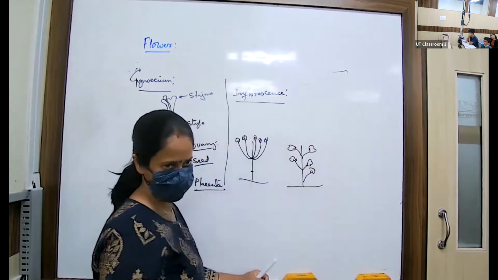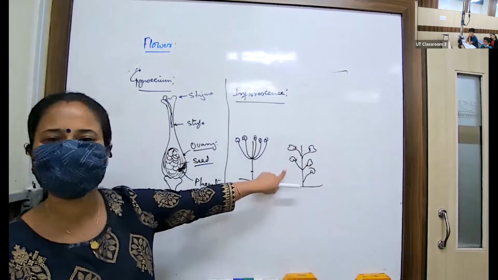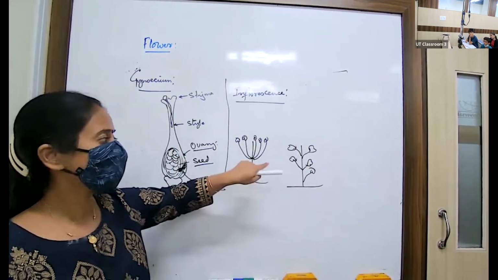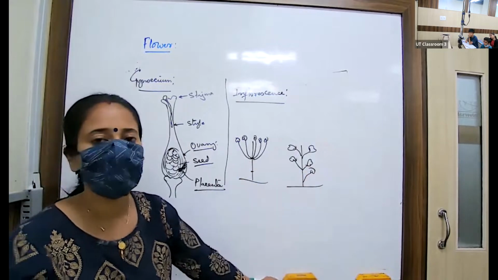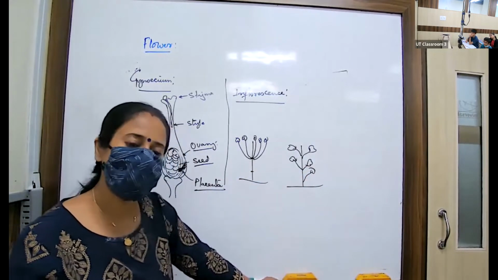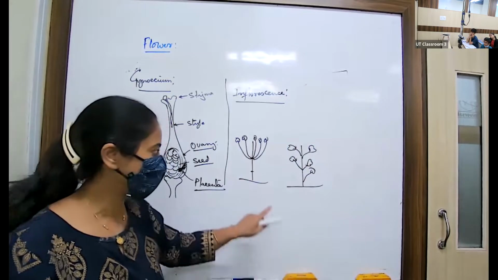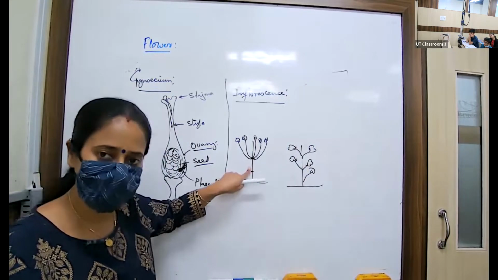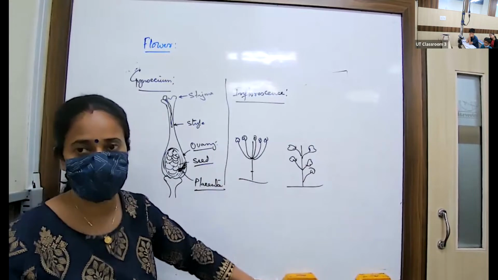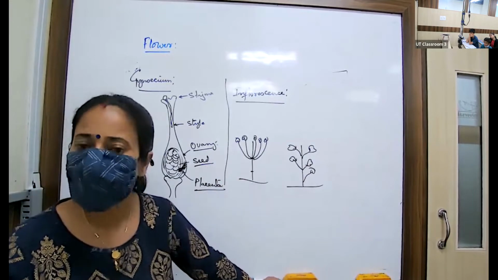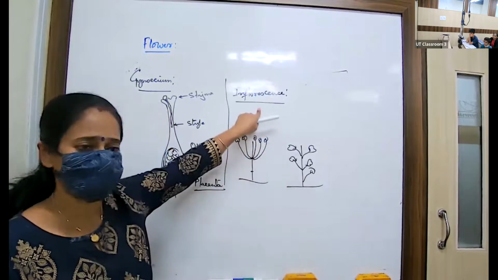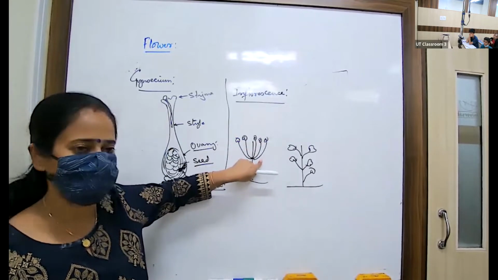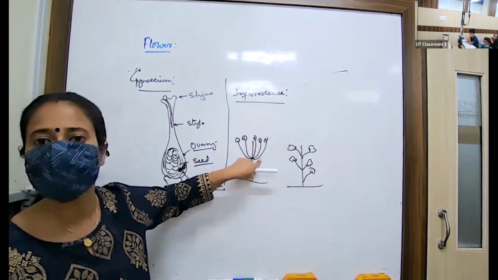This is more common an arrangement of the flower that we get to see. There are many more, I'm talking about just two. What is there in your syllabus? We are talking about the arrangement of the flowers on the flower twig. This is the twig, the fine branches where the flowers develop. Arrangement of flowers on the flower twig is called inflorescence.